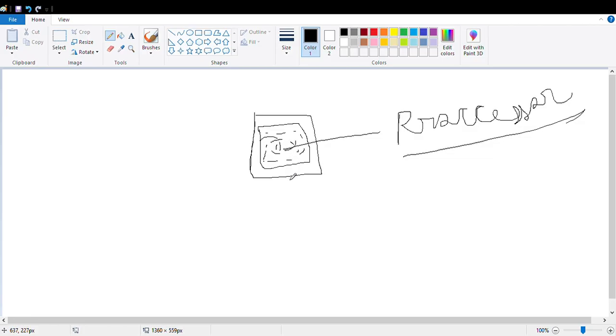Now, how does it work? If we zoom in a little bit, we will find that there's a complex structure of circuits between two transistors. As you can see, this is a transistor, and here we go with a circuit. Let me draw a good looking circuit so that you can easily understand what I'm trying to explain.